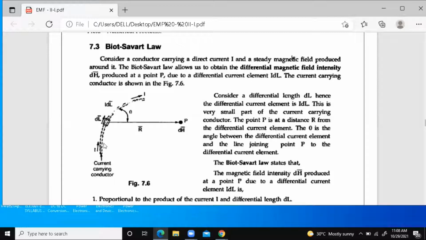This shows you everything: I going through the conductor of length L, your differential length dL, and your differential current element I dL. And you want to find your differential magnetic field intensity, dH, at P.